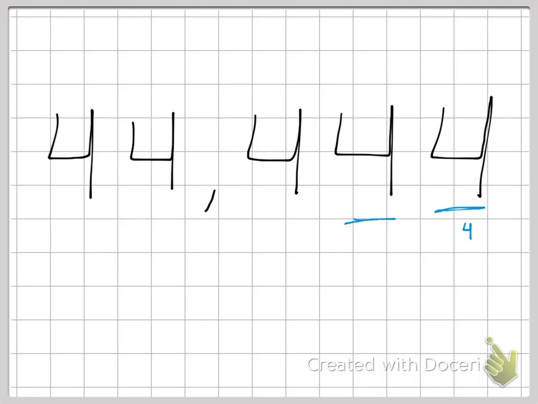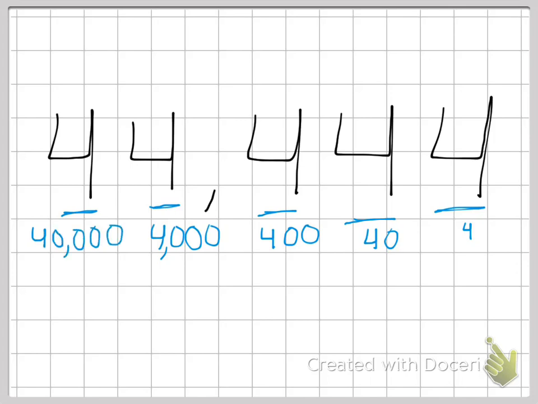The value of the 4 in the tens place is worth 40. The value of the 4 in the hundreds place is worth 400. The value of the 4 in the thousands place is worth 4,000. And the value of the 4 in the 10,000s place is worth 40,000.